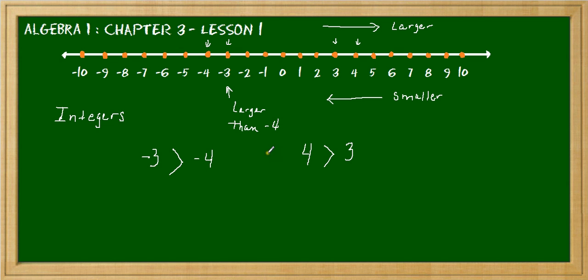Now when we turn it around, we say that it is smaller or less than, and we can show that as we have the example here. We can turn it the other way around and say negative 4 is less than negative 3, or we can say positive 3 is less than 4. So the bigger number always goes to this open side, larger.